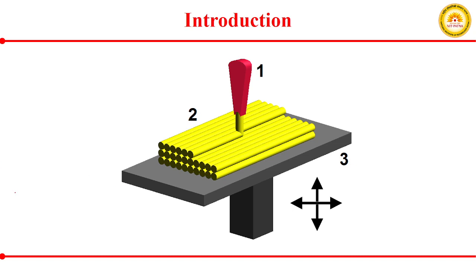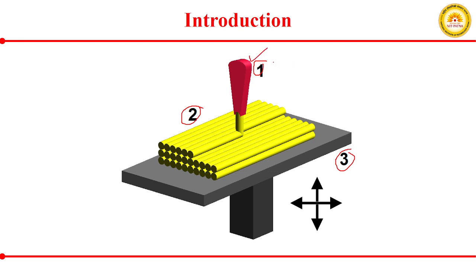So as the name indicates, in an extrusion based additive manufacturing process, the material is extruded through some nozzle. Here you can see numbering 1, 2, and 3. First corresponds to your nozzle.